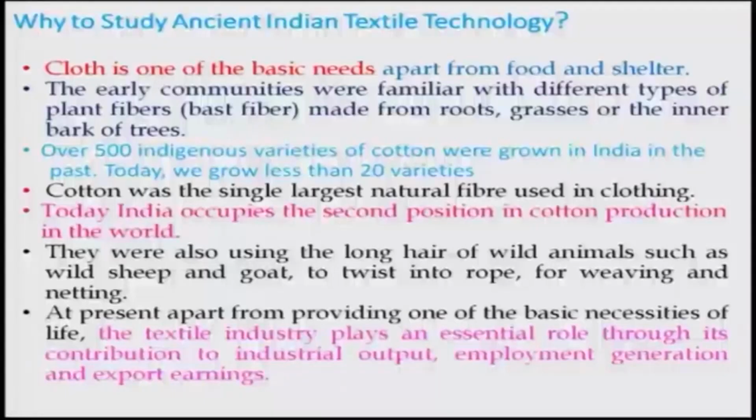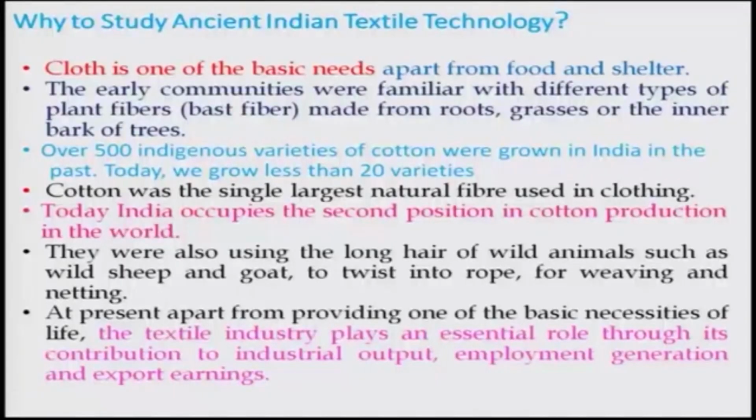In the last lecture, we discussed agriculture, spanning several lectures, and food is one of the basic needs. Apart from that, cloth is another basic need along with shelter. So, today we will be discussing how to make cloth and how our ancestors were doing that.